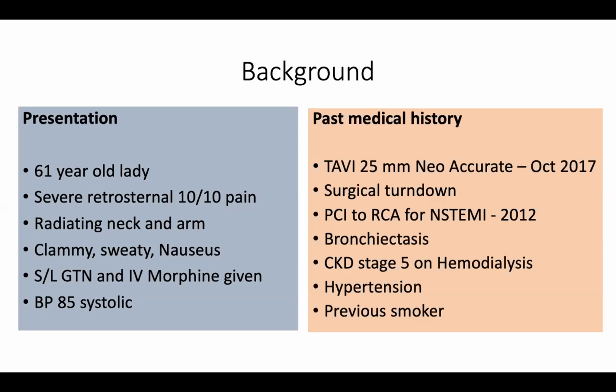She was slightly overweight as well, and these were the reasons why she wasn't considered a candidate for surgical aortic valve replacement for aortic stenosis, and she was offered a TAVI valve instead.